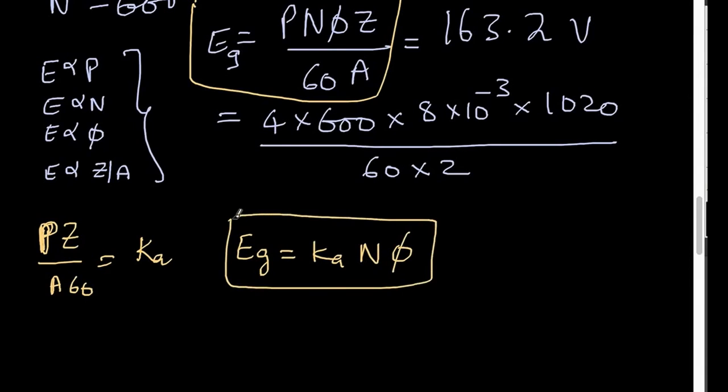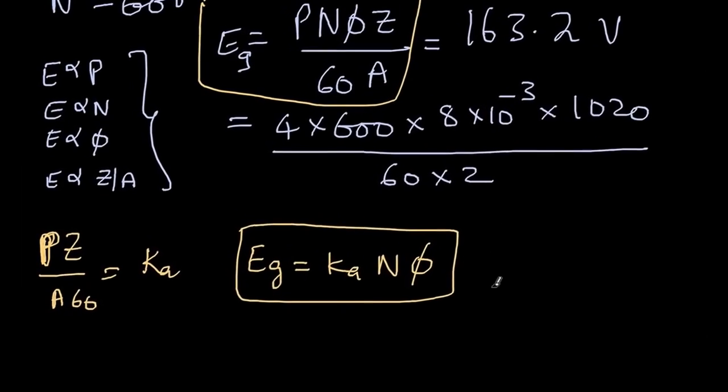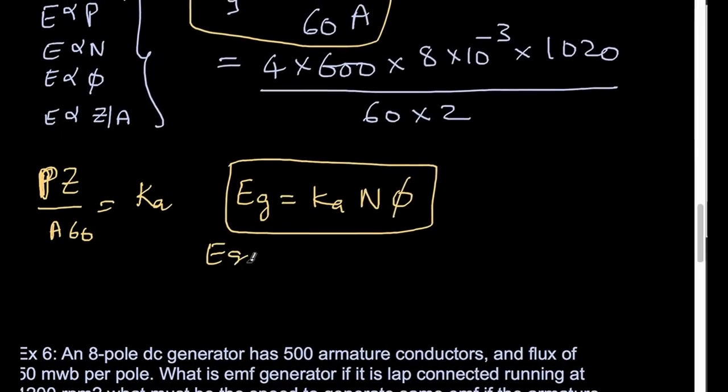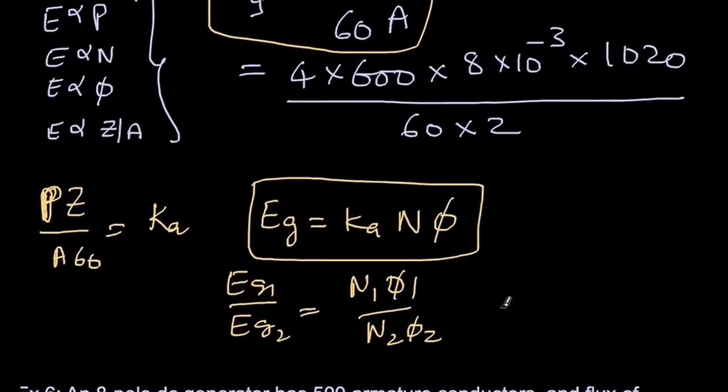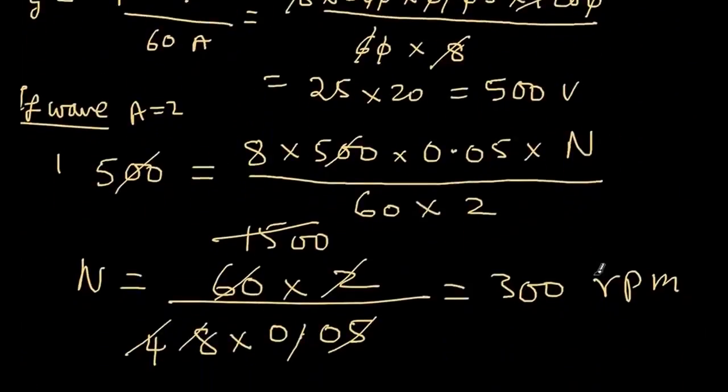So the EMF generated is proportional to the speed and flux. Either you have more flux or you have more speed of rotation to generate more voltage given a fixed Ka. So from this, I can actually write Eg1 by Eg2 is nothing but N1 phi 1 by N2 phi 2. So again, if some of the parameters are given, one of the other parameters can be calculated based on this. So then we solved a couple of problems on it.